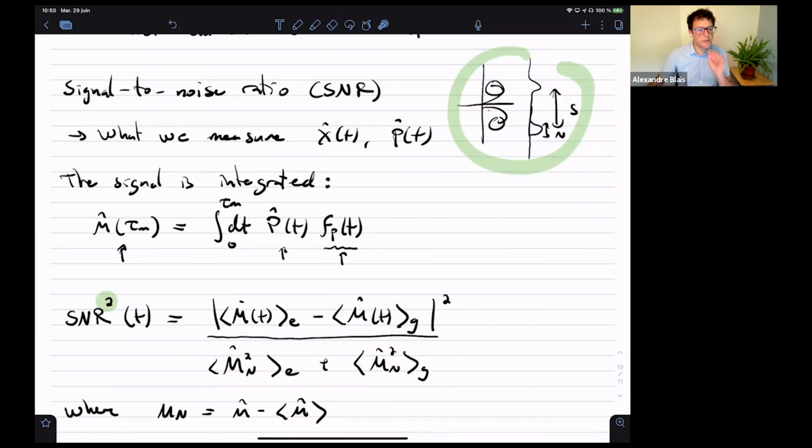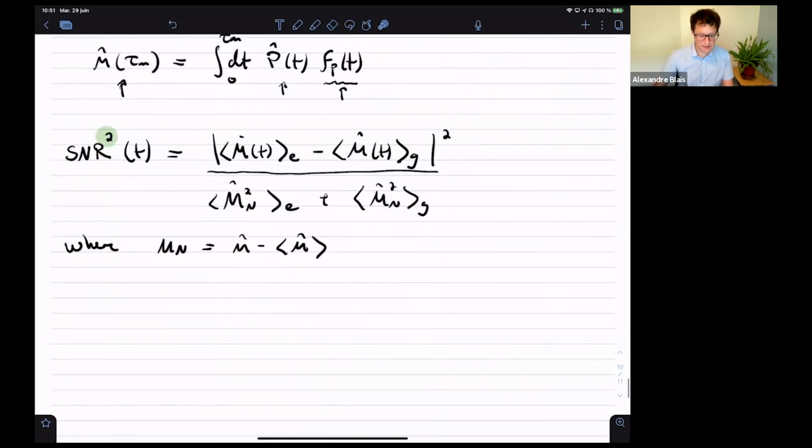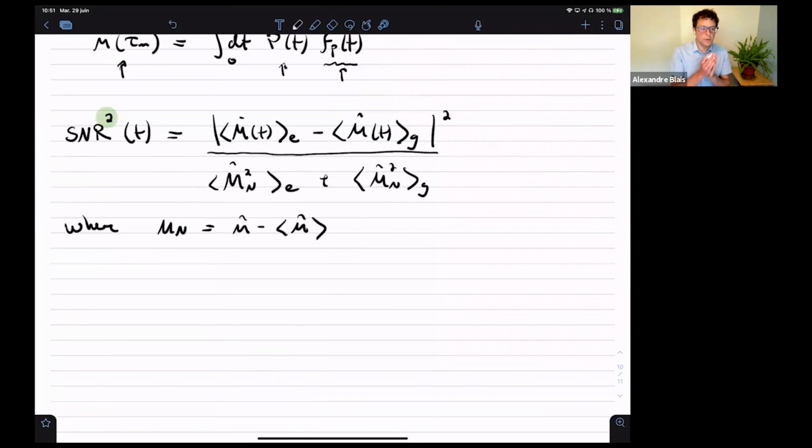So now this is the quantity that we want to optimize. But what I said is that I wanted to optimize not the SNR, I introduced rather the fidelity.